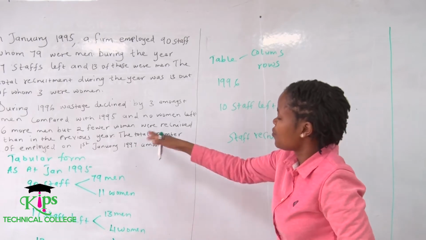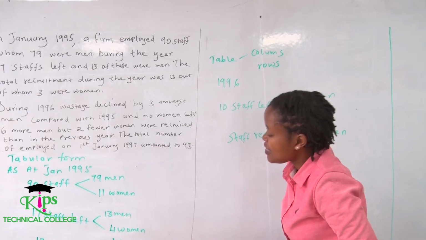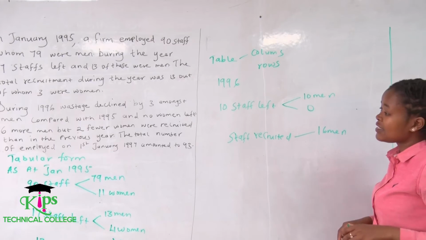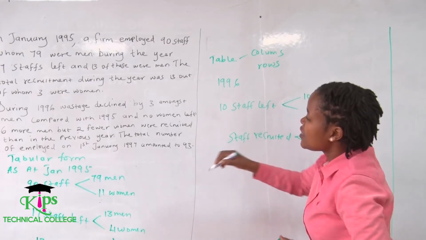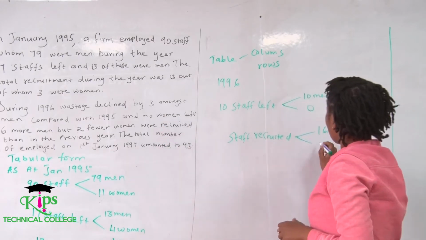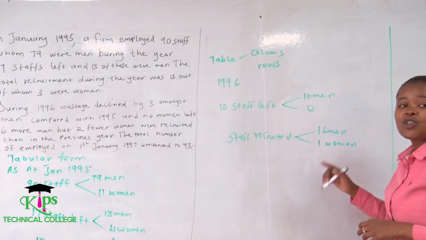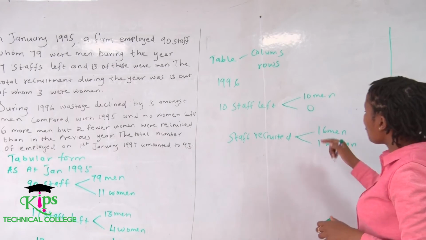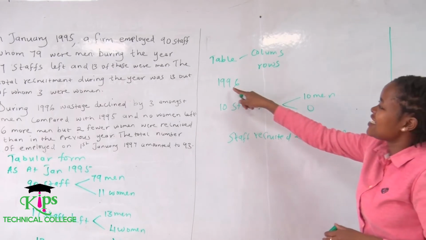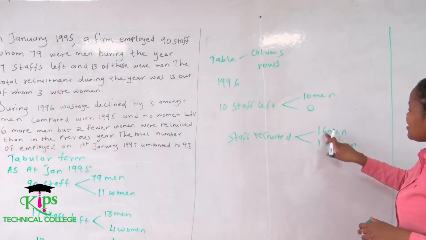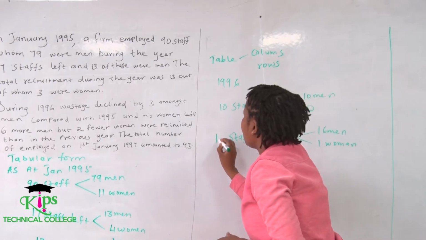Then we have 2 fewer women. In this case, we had 3 women recruited, so it is 2 fewer, which means it was only 1 woman. Meaning the total number of staff recruited during 1996 was 16 plus 1, which is 17.